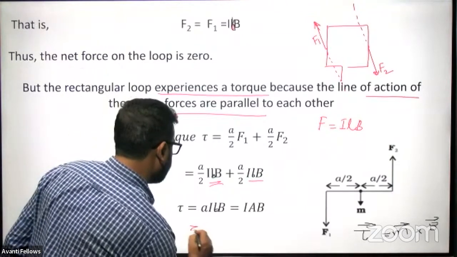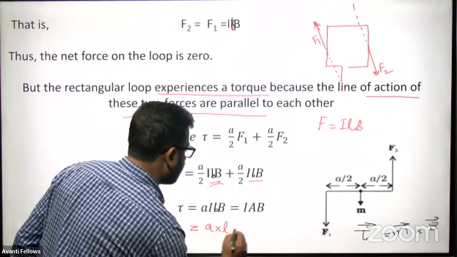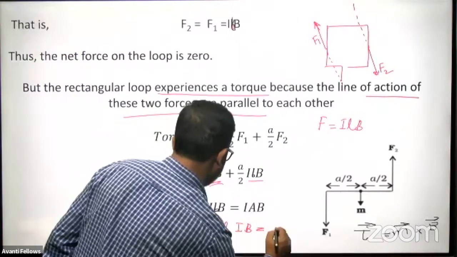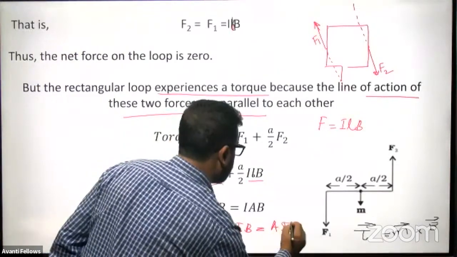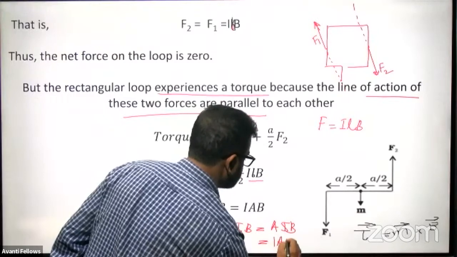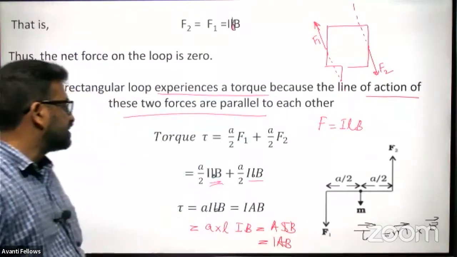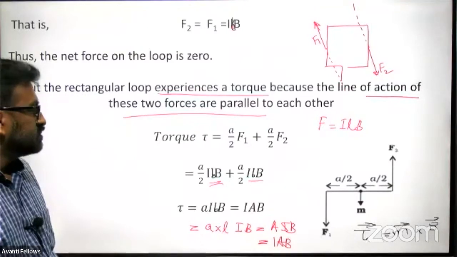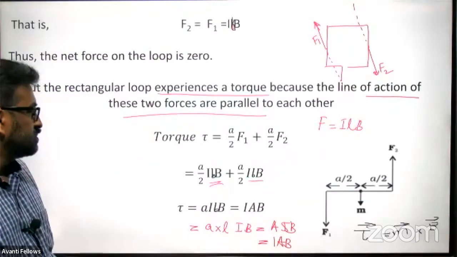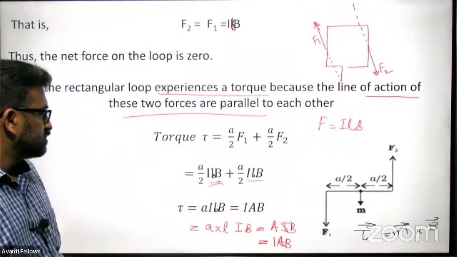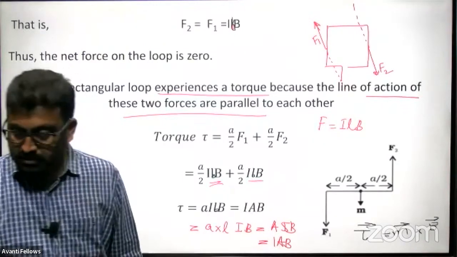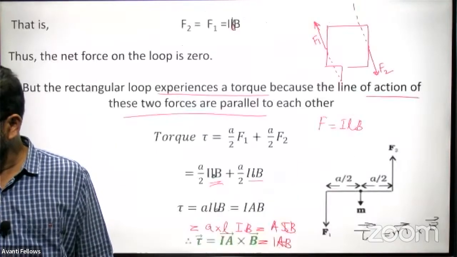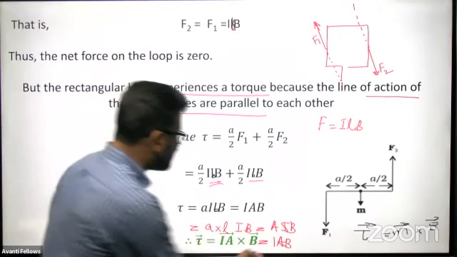See here, IAB. I is the current, A is the area, and B is the magnetic field. Then, of course, this is IA.